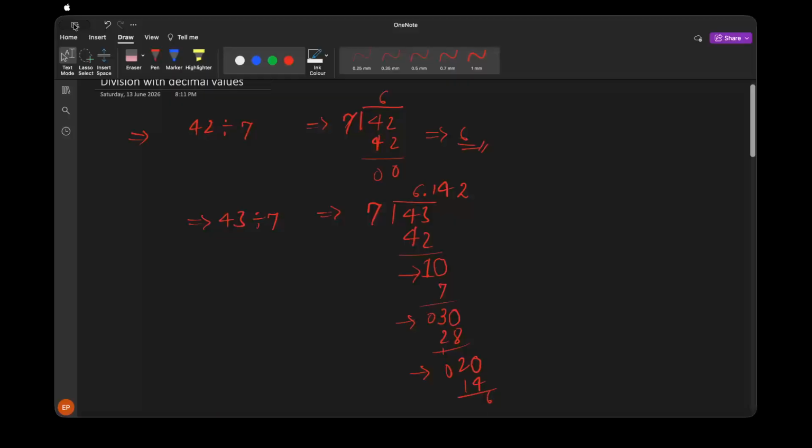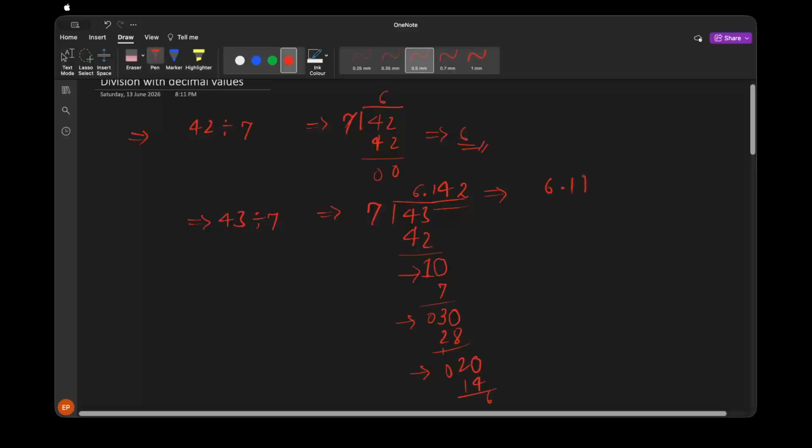One second, let me make it full screen. Okay. And you can stop after 3 digits or 2 digits based on your precision. Like 6.142 is the answer. Or you can continue, it will become 60. Again you can do 7 eights are 56 and here 8 and it will continue.